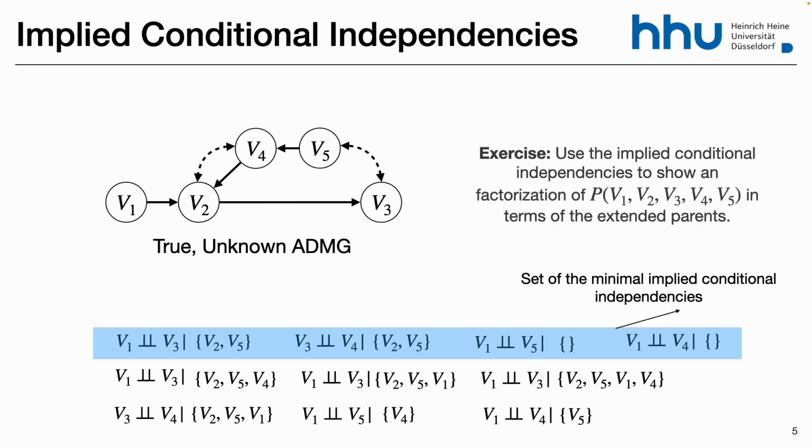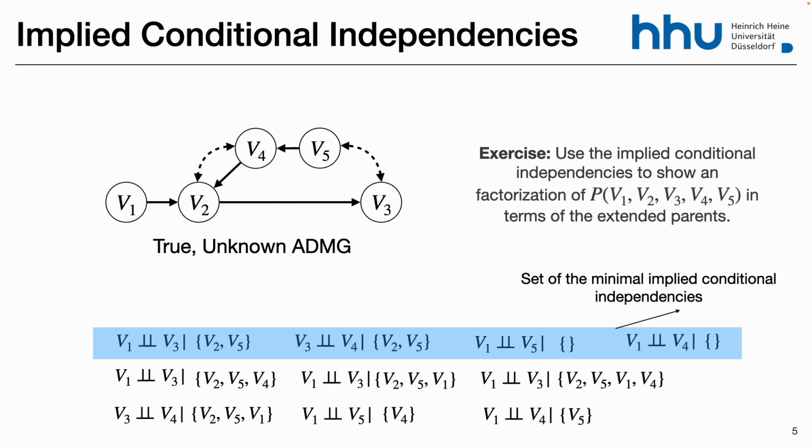As an exercise, I would like you to use this diagram to show the factorization of the extended parents. I think this is important for you to know, but I won't take time here in the lecture to do this. It's a matter of going through the definition of extended parents and showing that you're using only independencies that are implied by the graph, right?